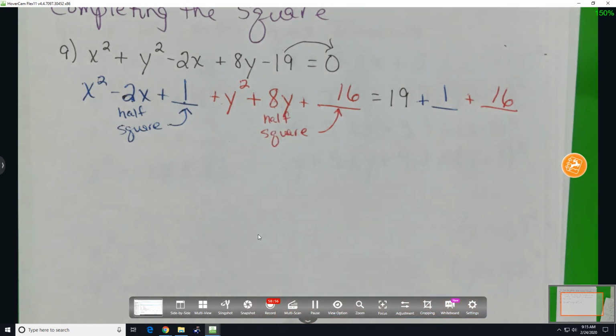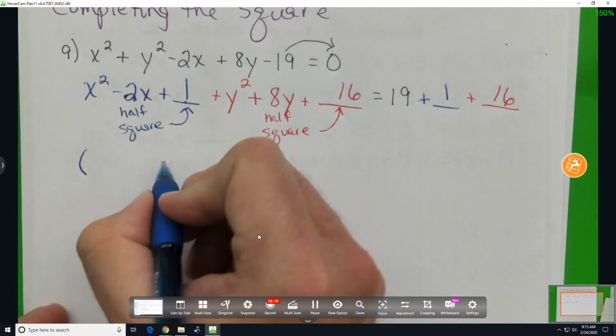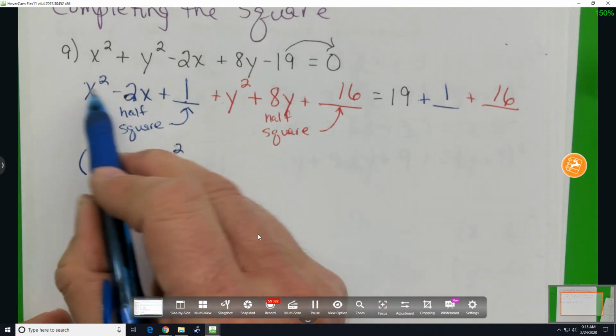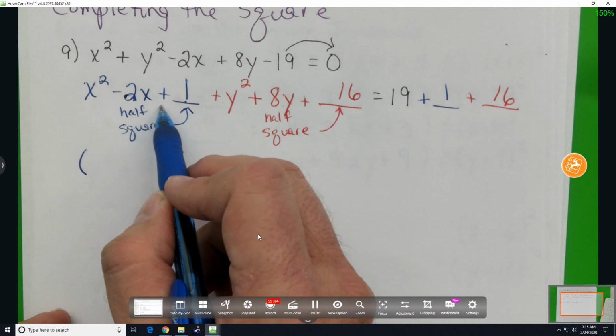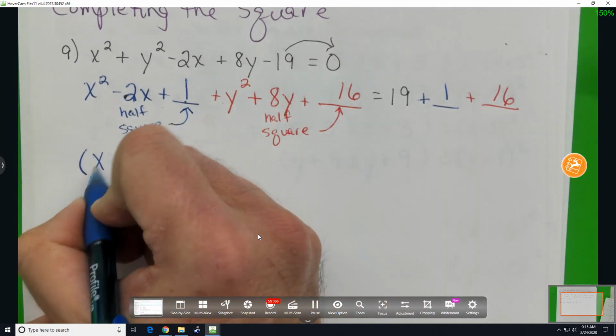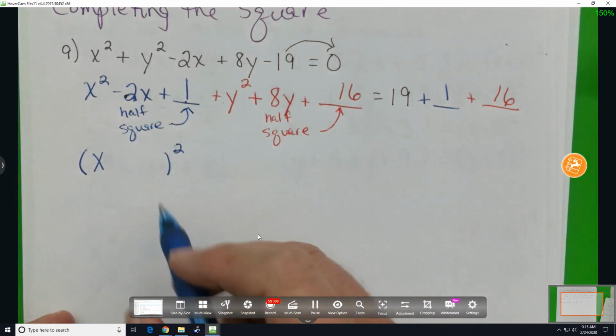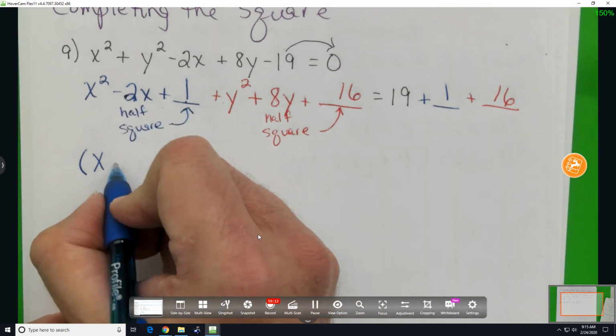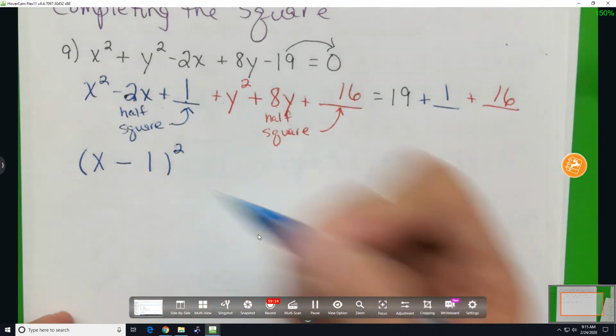Now, if you wanted to, you could write out your 2 sets of parentheses and factor this blue stuff by trial and error. It'd be x and x. What sign would I use? Okay, so minus, and then 1.